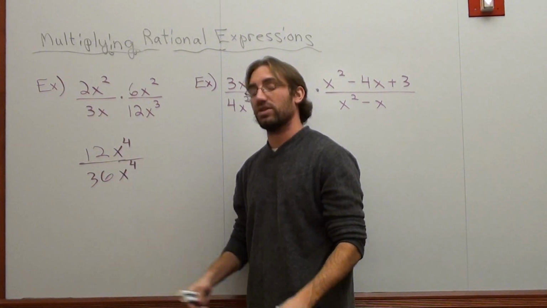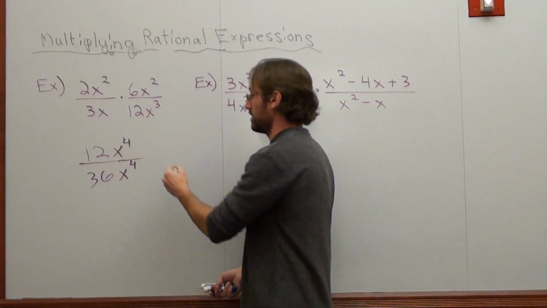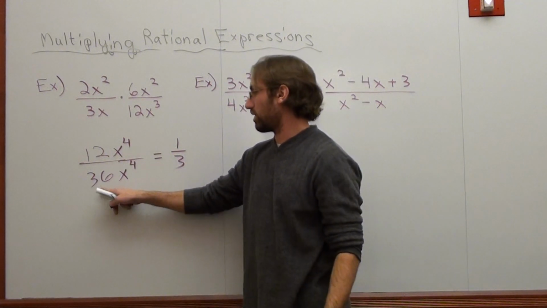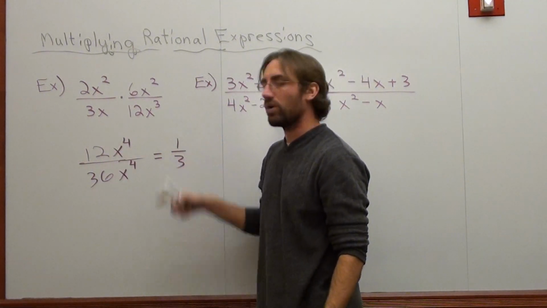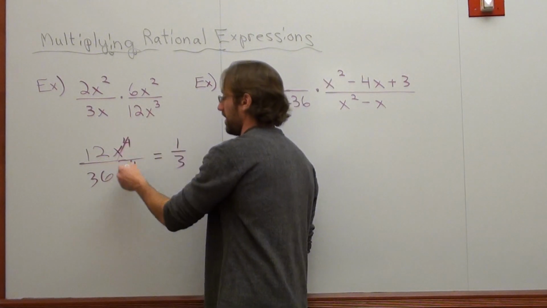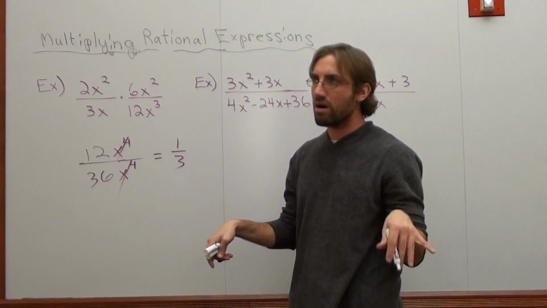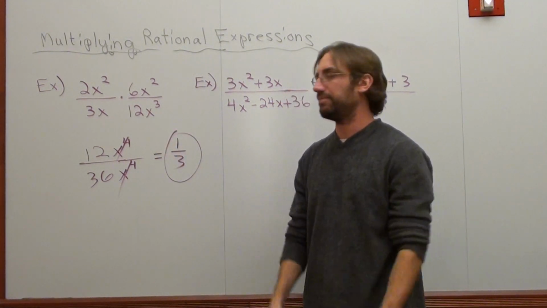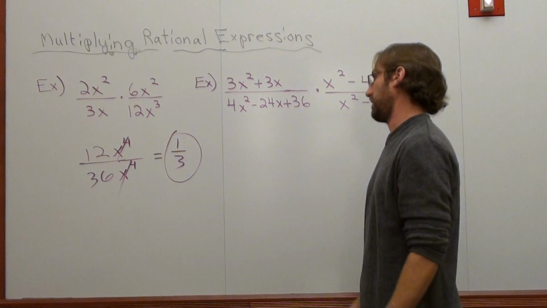So 12 divided by 36 is the reciprocal, it's 1/3. You just write your 3 going down instead of up. X to the 4th divided by x to the 4th is 1. So the answer is 1/3. Bam. Not so bad.